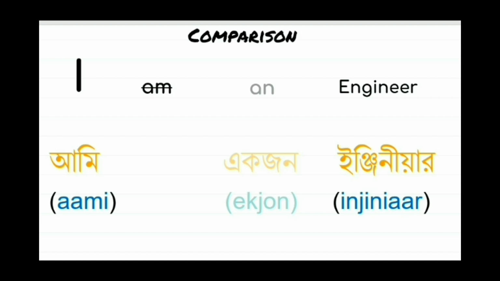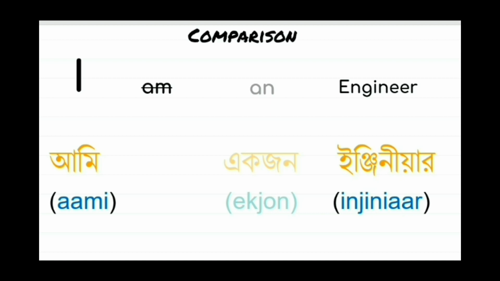Other than that, we don't use this be verb. Okay, if you use this be verb, obviously we have the Bangla for that be verb, but if you use that, your sentences will sound really weird and awkward. Okay, so don't do that. Just say I'm an engineer.